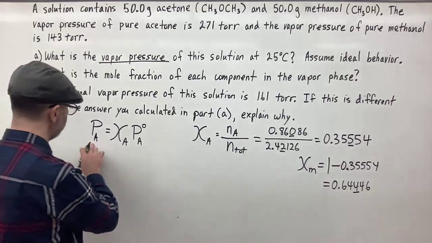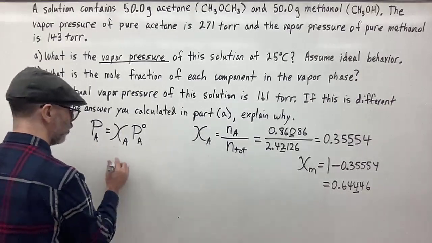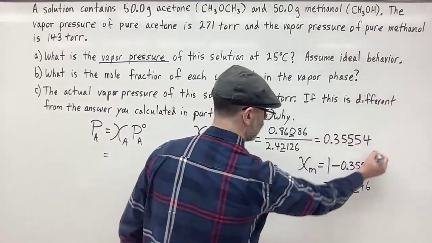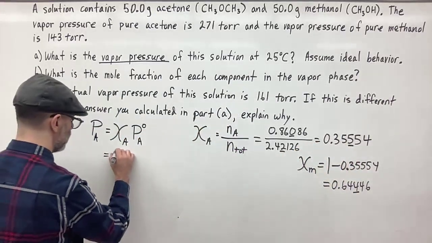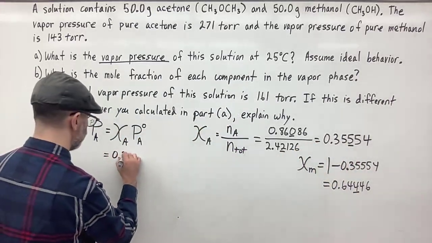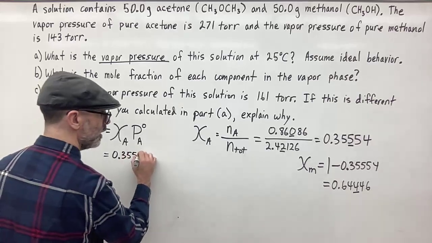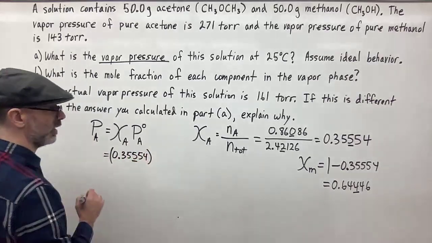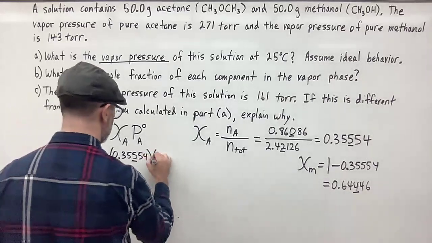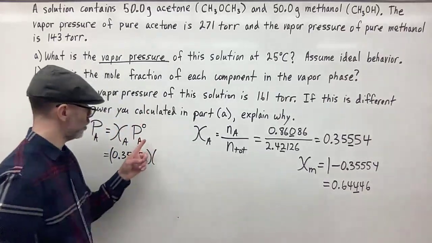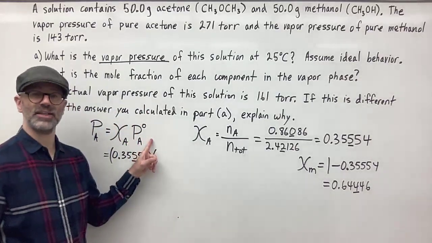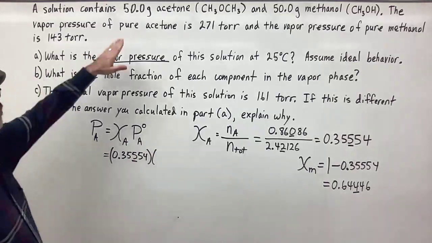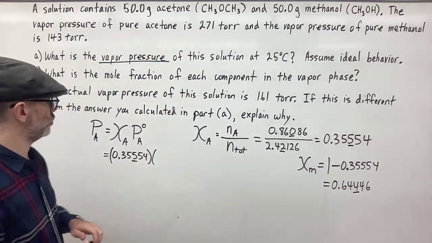So the partial pressure of A, or acetone, is going to be equal to the mole fraction of acetone, which is right there, 0.35554, underline the 5 there, multiplied by the vapor pressure of acetone when it's pure. We're given pure acetone, 271 Torr.